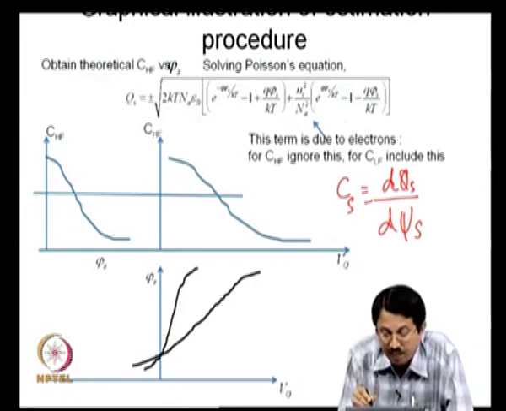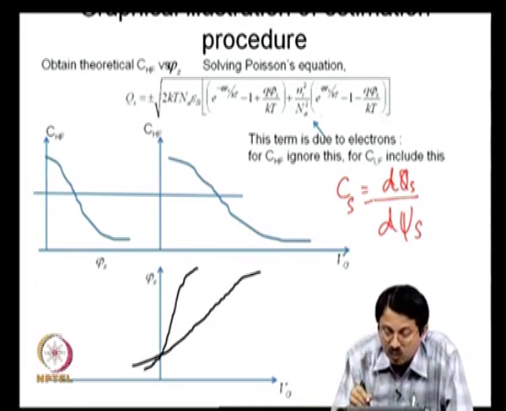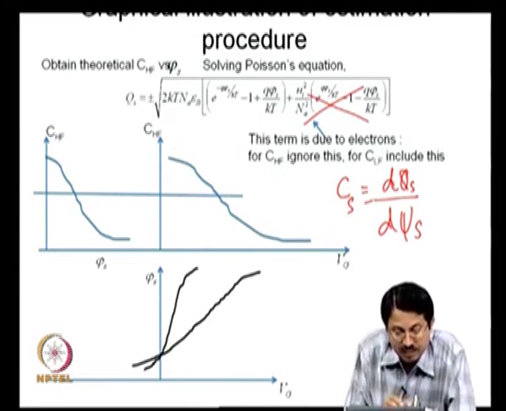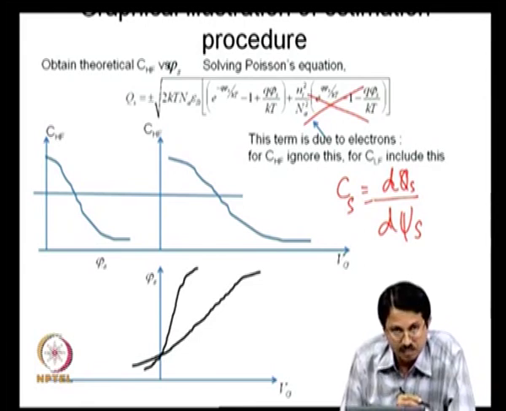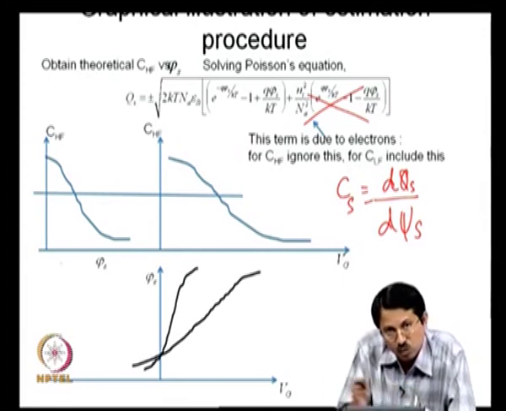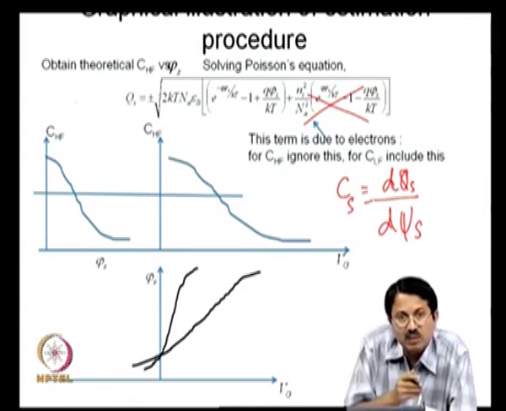We say that under high frequency minority carriers do not respond, and hence I ignore this term, I only retain this term, and I generate CHF versus psi s. Okay. In other words, for different values of psi s going from 0, which is flat band, towards 2 phi b, which is going towards inversion, I generate all the values of capacitances.